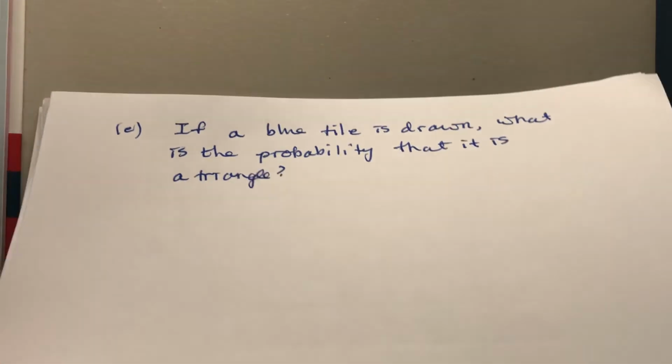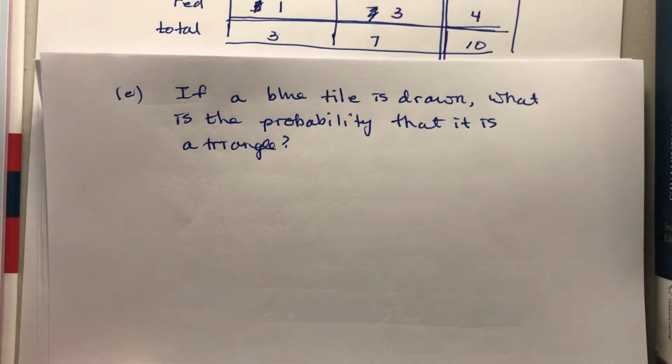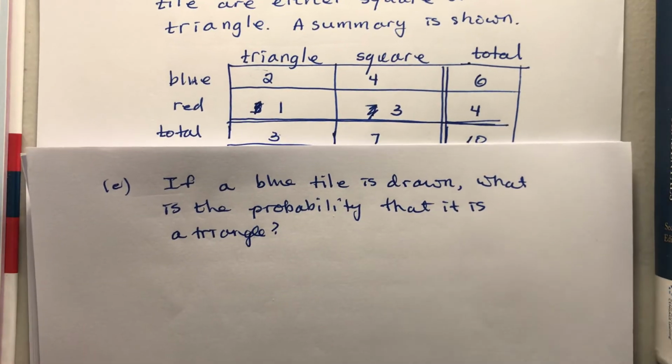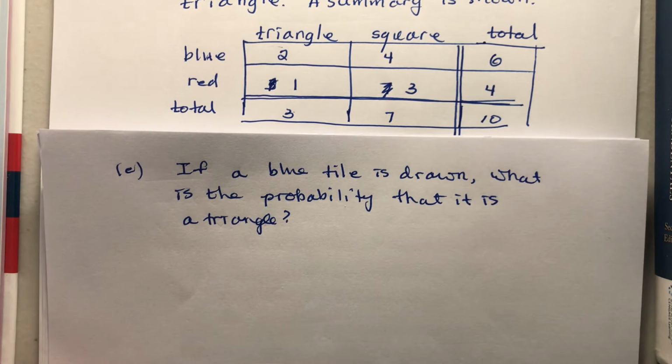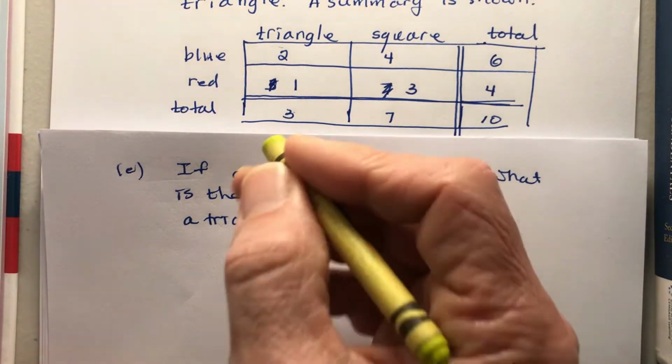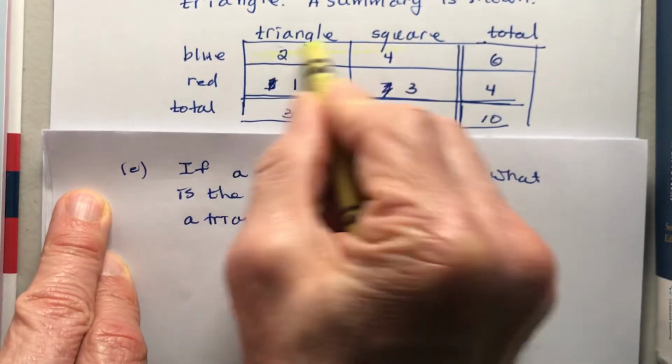So I think the best thing to do would be to go back to our chart here and see what's going on. So if I just focus on all the blue, so you take this out and you're saying it's blue.